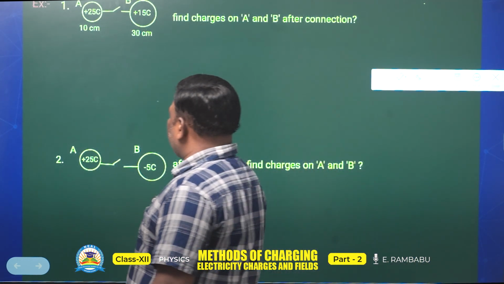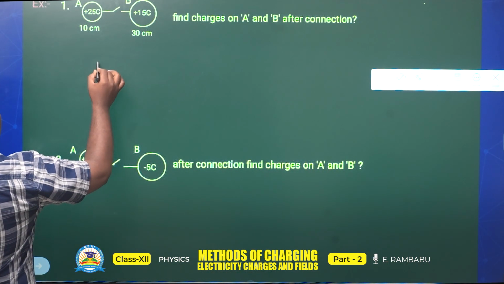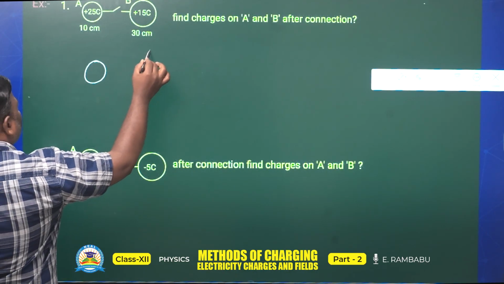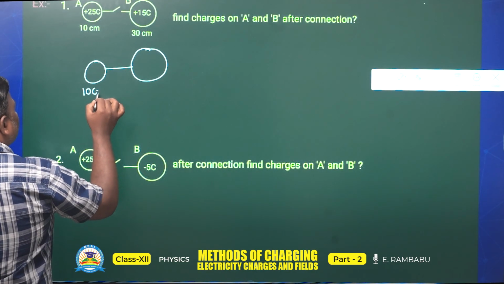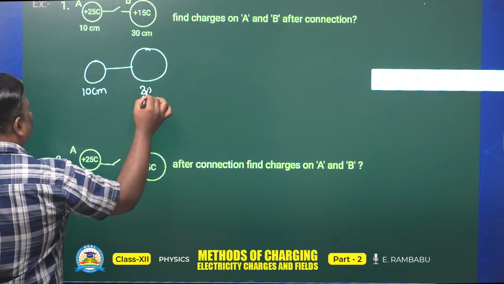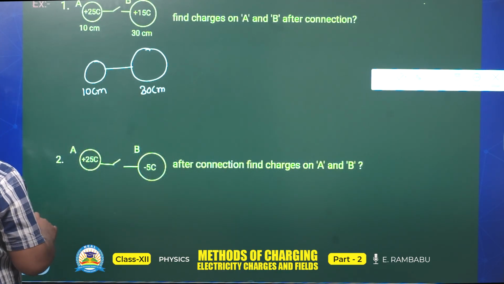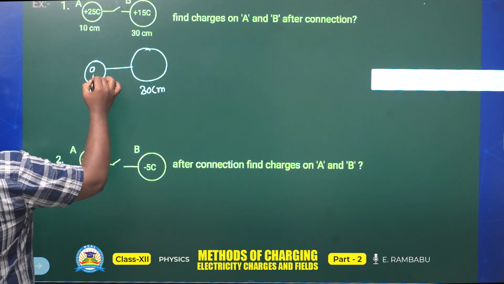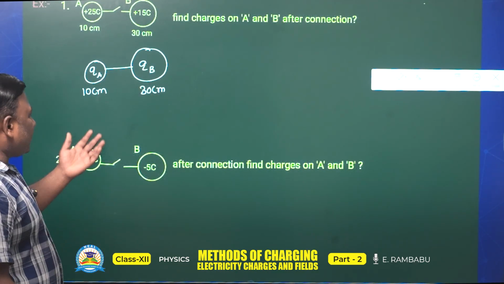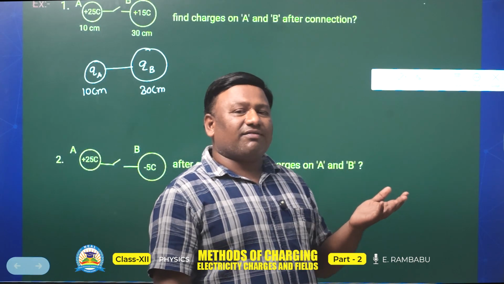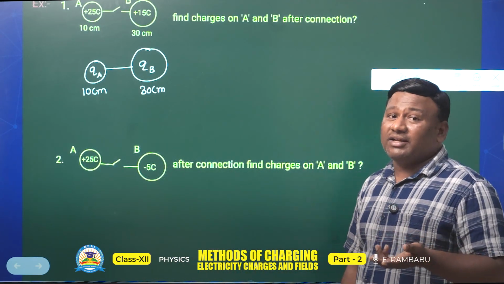Here these two bodies are connected. Its radius is 10 centimeters, its radius is 30 centimeters. When both are connected, it attains charge QA and it attains charge QB. So it is clear the second body has more radius, so it can have more charge.